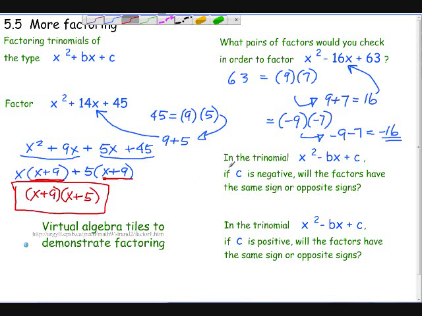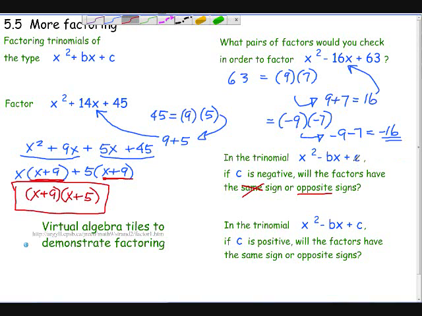Let's go back over here to our questions. These test whether or not we understand the concept. In this trinomial, if c were negative, would the factors have the same sign or opposite signs? Opposite, right?